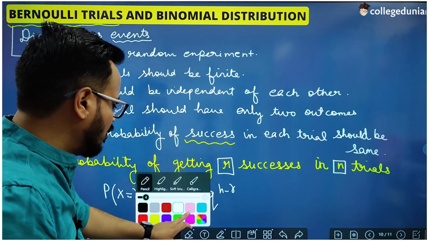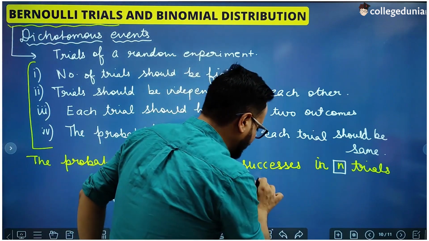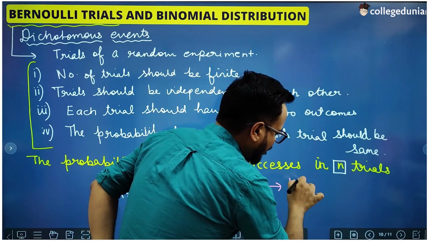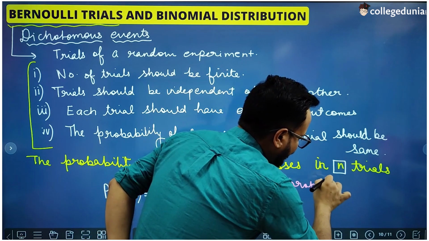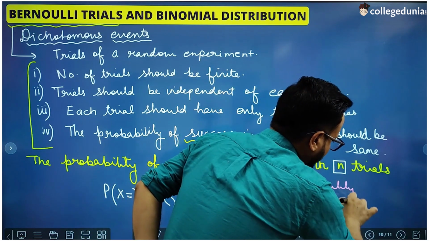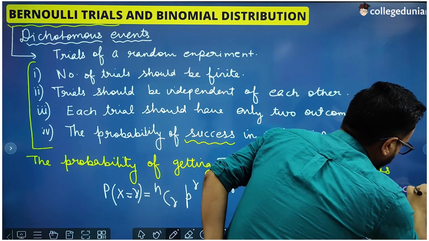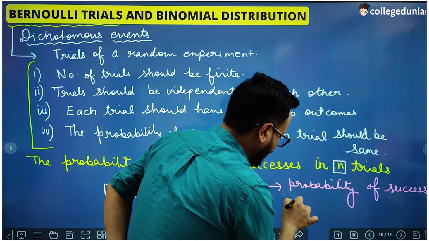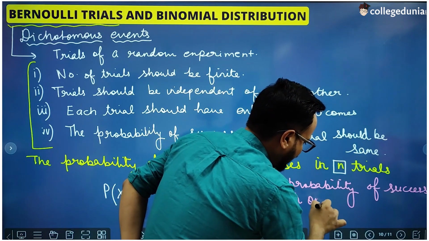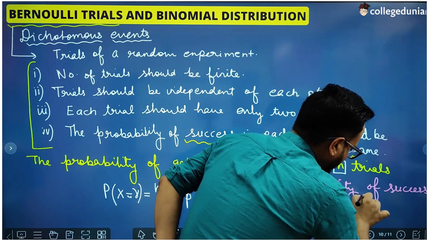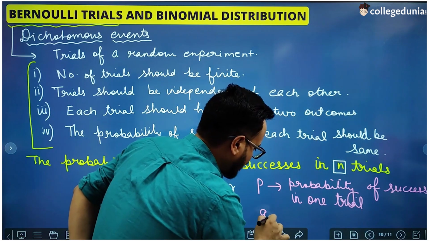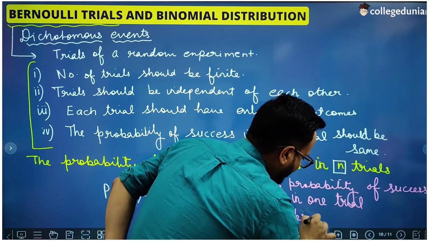What are p and q? p is the probability of success in one trial, and q is the probability of failure in one trial.